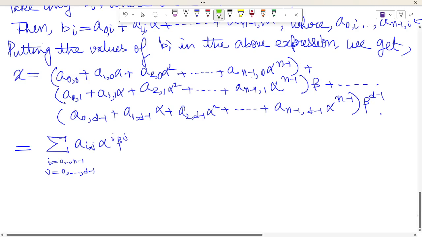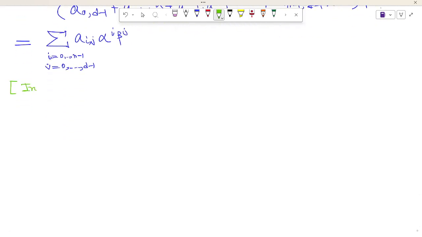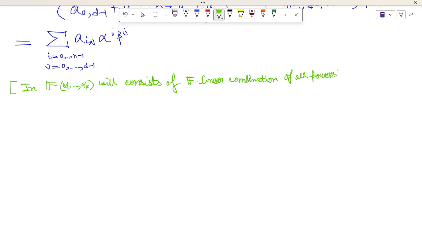So that means F alpha beta generally consists of linear combinations of powers and their products of alpha 1 up to alpha k, up to a certain degree.